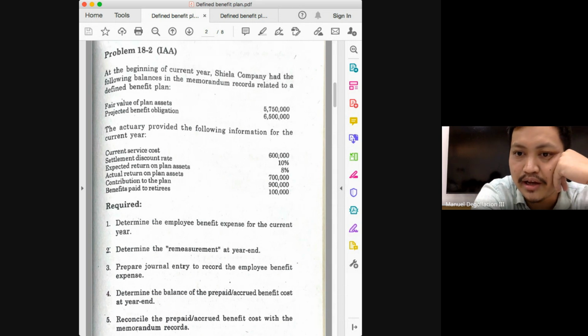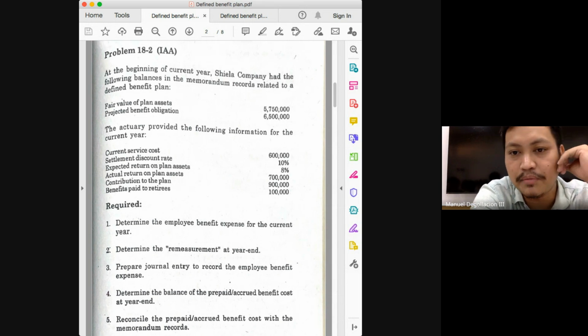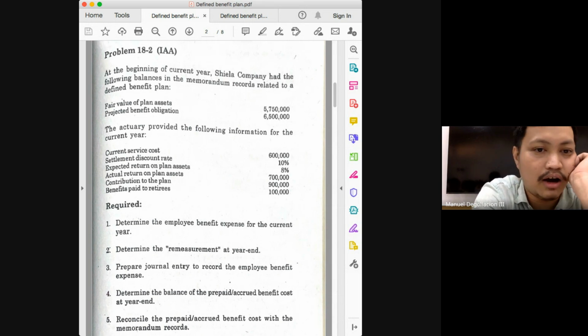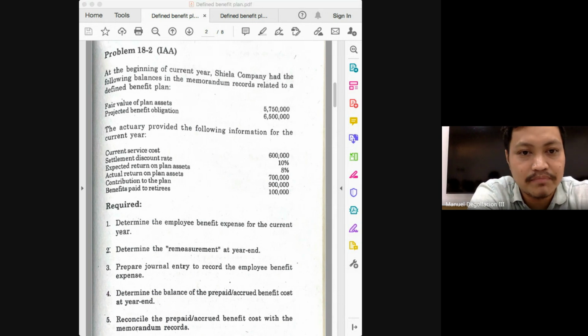Are you given any remeasurement in this problem? The most common would be the remeasurement gain or loss from your FVPA. And how do you get it? This is shown in the Excel file I have shared with you.